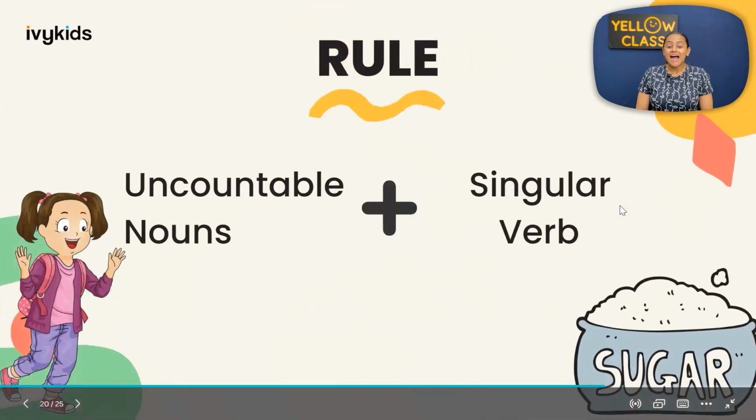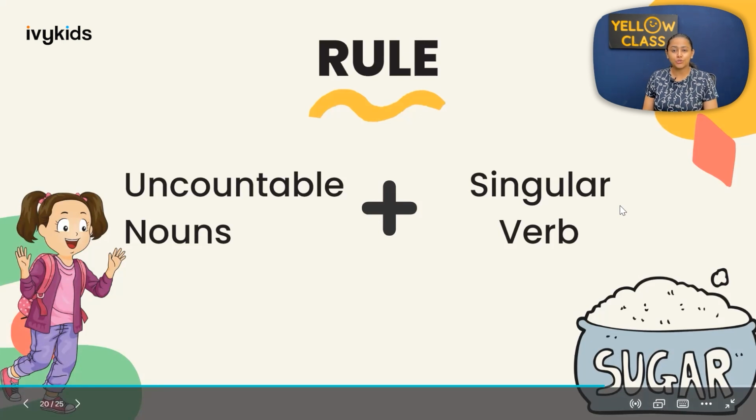Uncountable nouns. So I know that all my kids know about it, but I'm going to repeat it for everyone. So there are countable nouns and uncountable nouns. Nouns which can be counted, like books, pens, chairs are countable nouns.